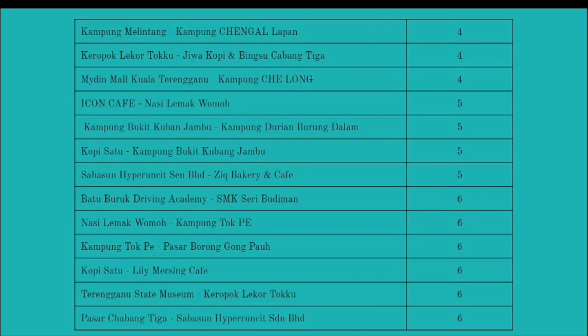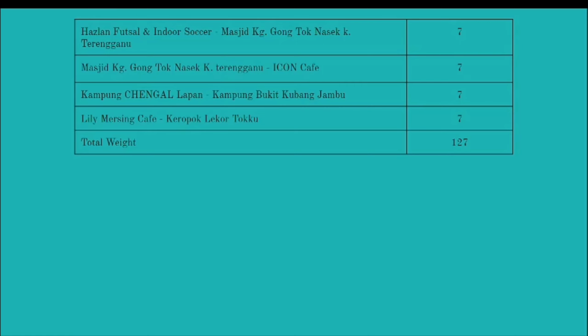And then for the last weight we can find, which is weight 7, from Haslan Futsal and Indoor Soccer to Masjid Kampung Gong Tok Nasik Kuala Terengganu, Masjid Kampung Gong Tok Nasik Kuala Terengganu to Icon Cafe, Kampung Cengal 8 to Kampung Bukit Kubang Jambu.